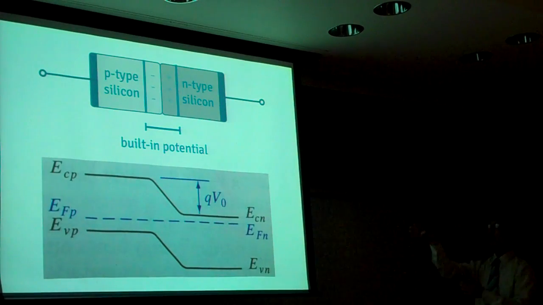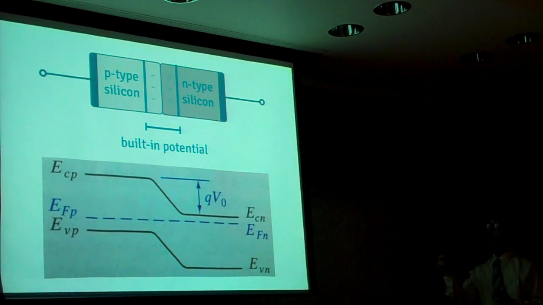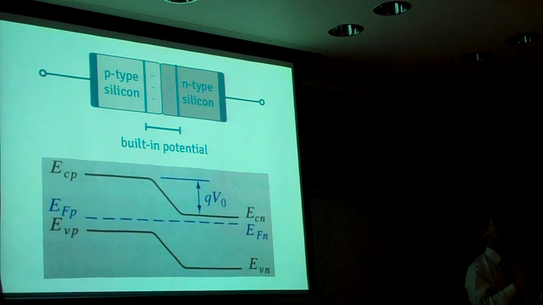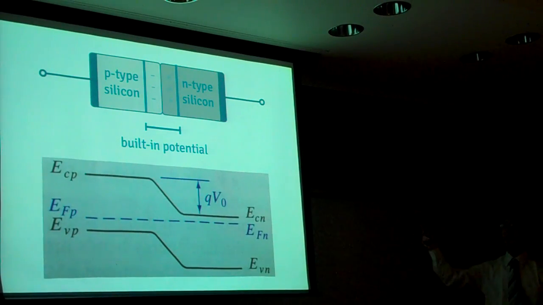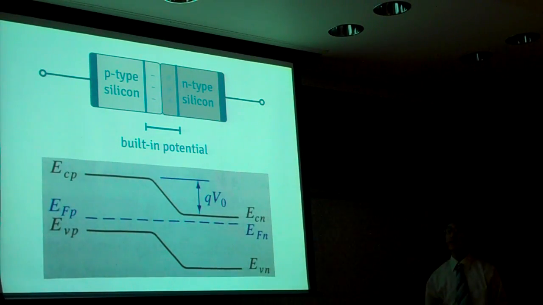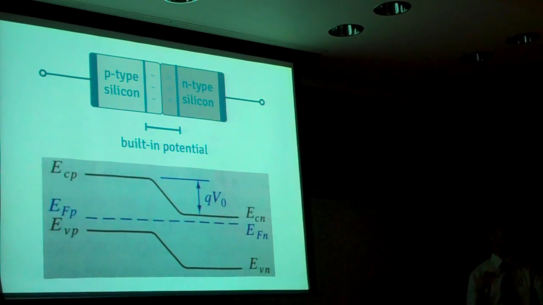The bent part in the middle is because when the two materials touch, the electrons flow across the junction, and the Fermi levels in the material, which were different before, become equalized. So the conduction band and the valence band have to do some band bending in order to meet up with each other. The bent part of the band corresponds to the depletion region.